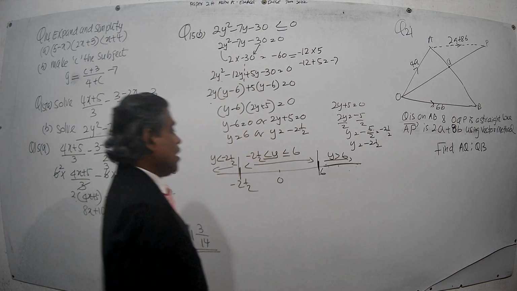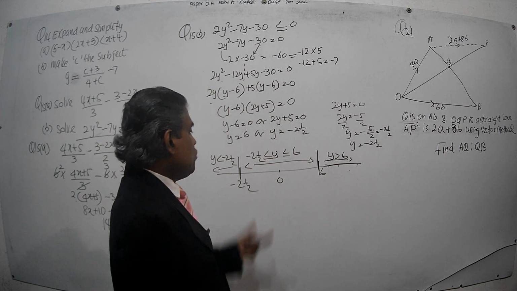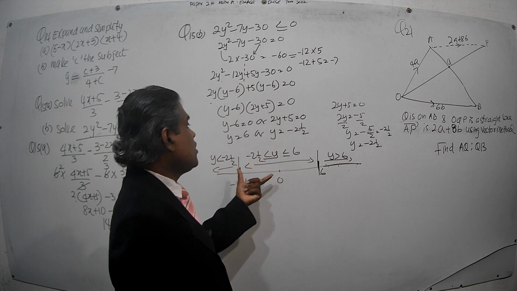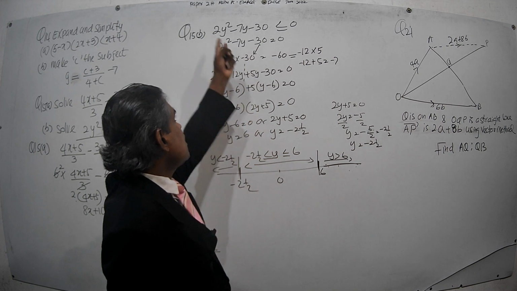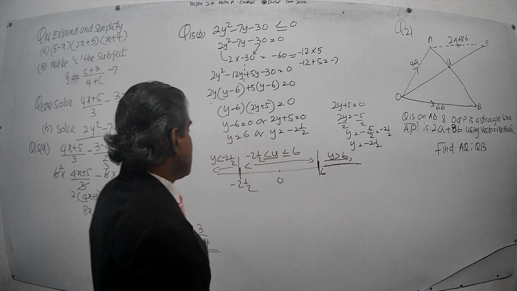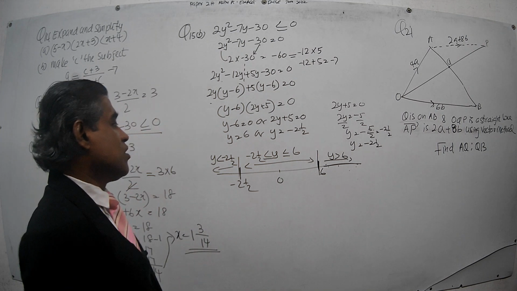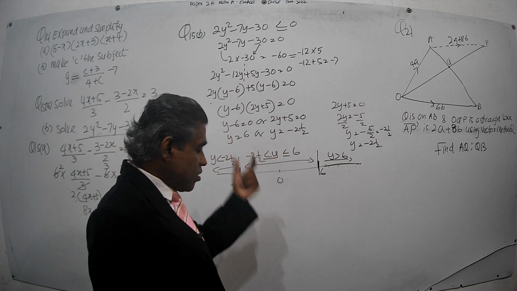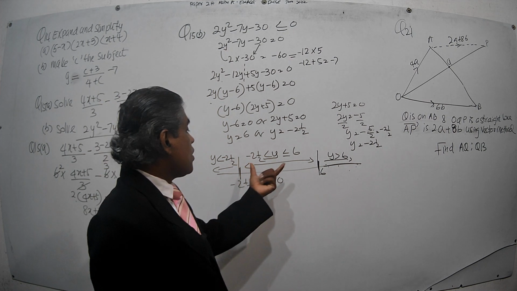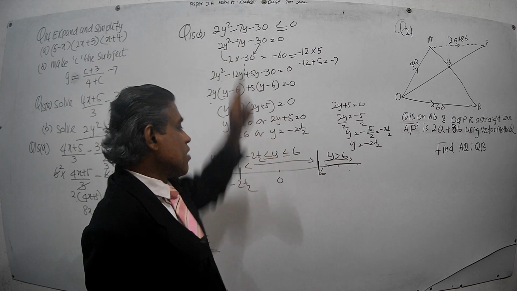Now we have to find which part of the number line satisfies this inequality. First of all, always try to find out whether the middle part satisfies the inequality.